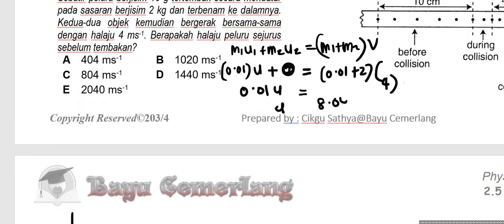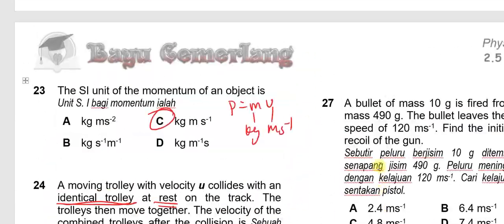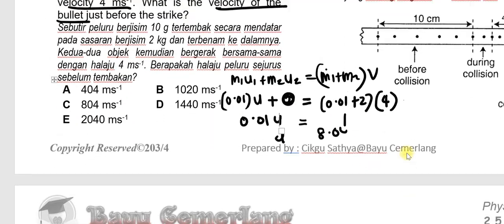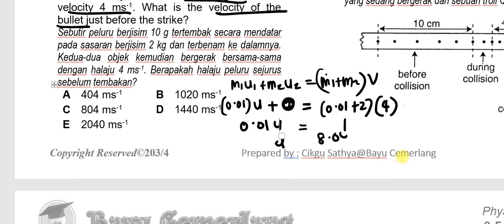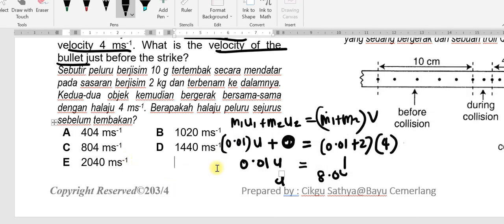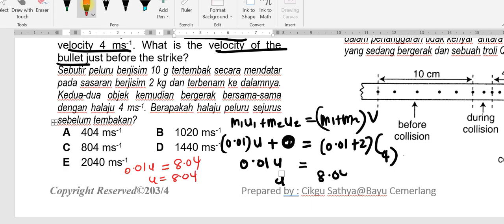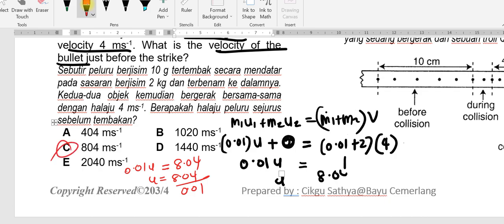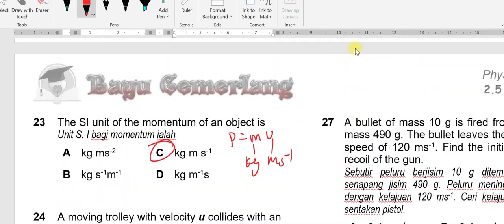Okay, so 0.01u is equal to 8.04. u is equal to 8.04 divided by 0.01, let's see how much. 804. Answer C. Okay, good, let's look at question 27.